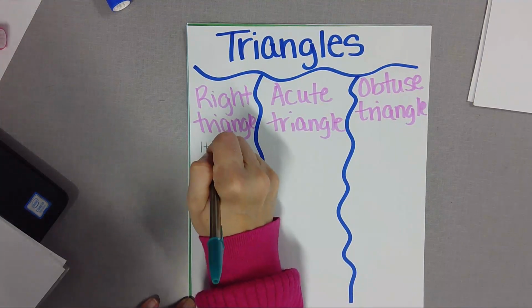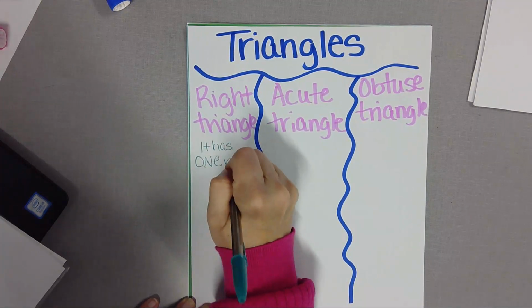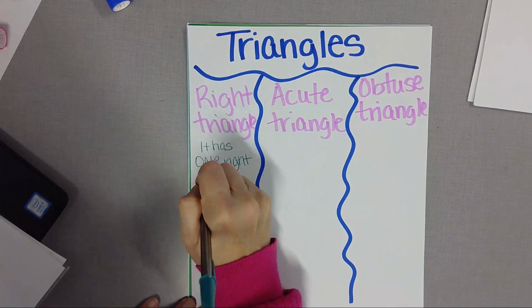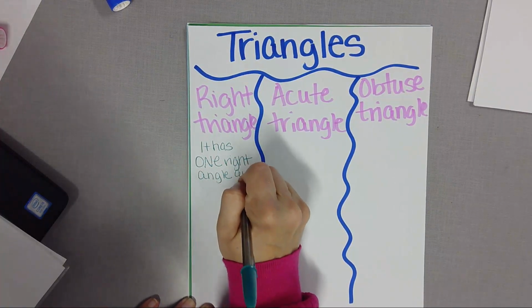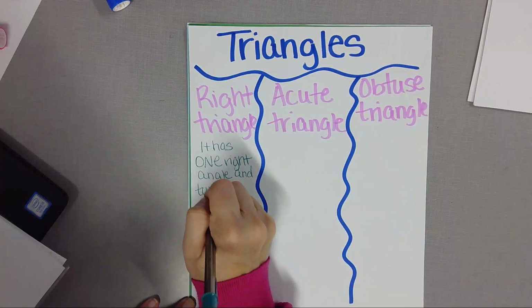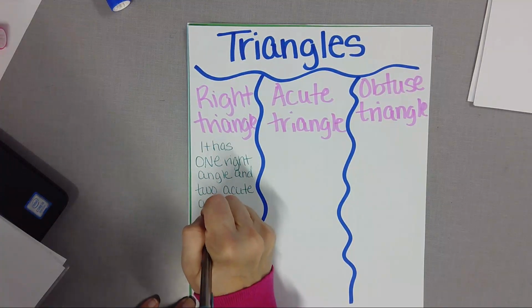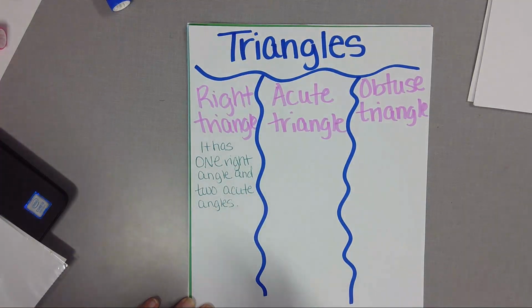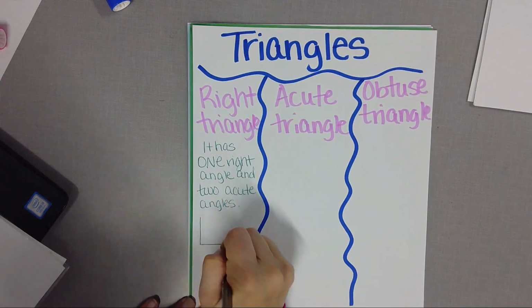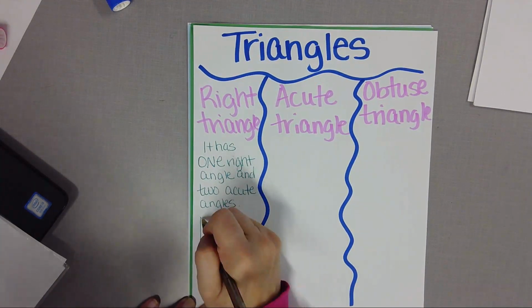It has one right angle and two acute angles. So if a triangle has at least one right angle, it is a right triangle.